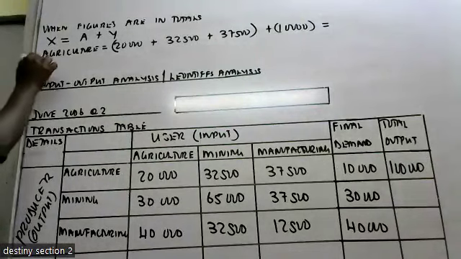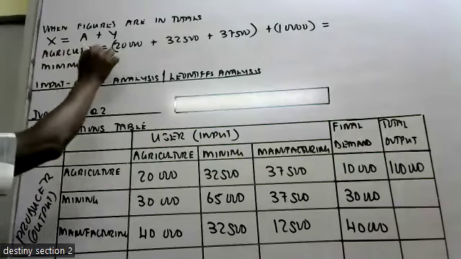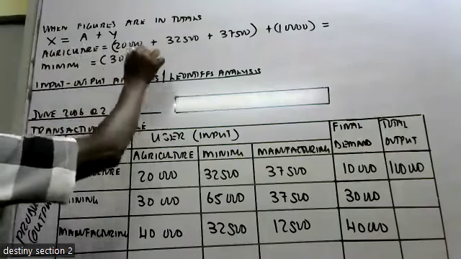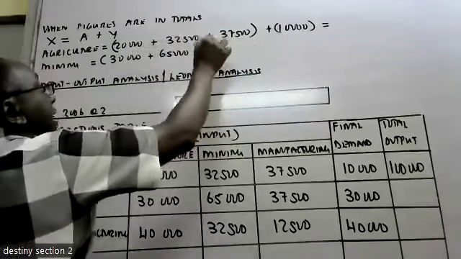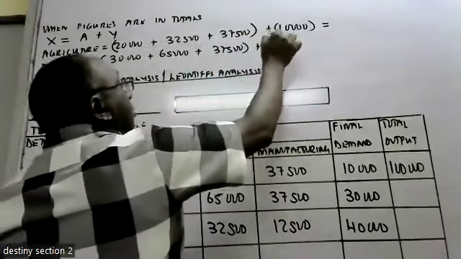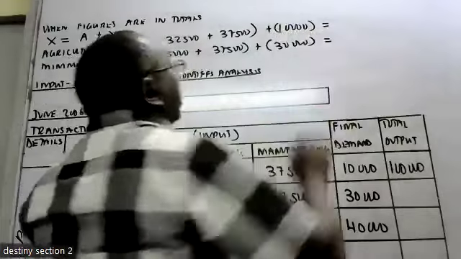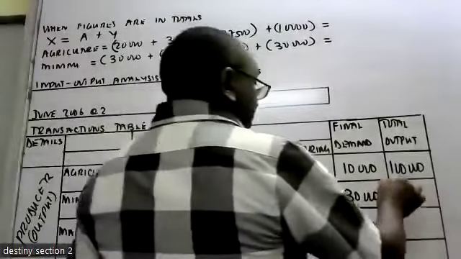When we come to mining, we do the same thing. I will say it is 30,000 plus 65,000 plus that 7,500. Then I add 30,000. So that will be 30 plus 65 plus 7.5 plus 30 equals 162,500.